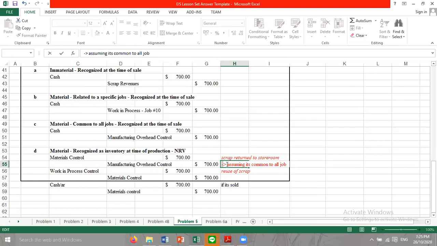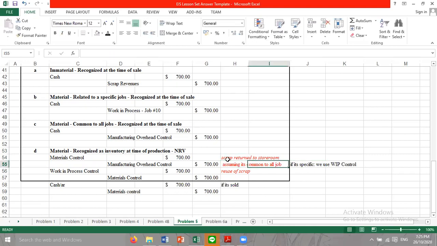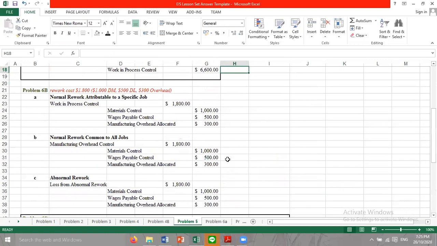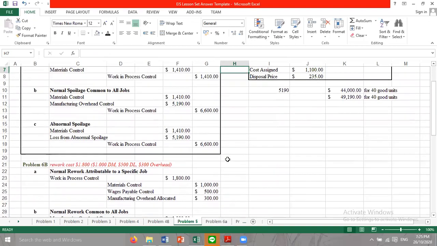Okay, here we go. If it's specific, we change the MOH. We use WP control instead of manufacturing overhead control. Okay, that's practically it. All right, that's practically spoilage for job costing.